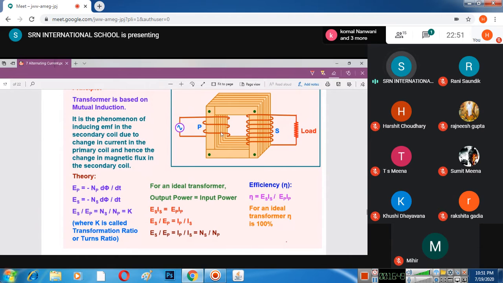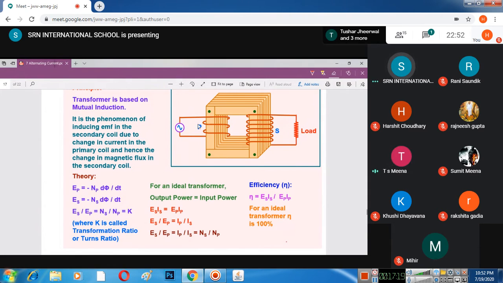If there is no leakage of magnetic flux, the flux linked with each turn of the primary will be equal to that linked with each turn of the secondary. The induced potential in the secondary we can calculate with the help of Faraday's law: E is equal to minus N d phi by dt.